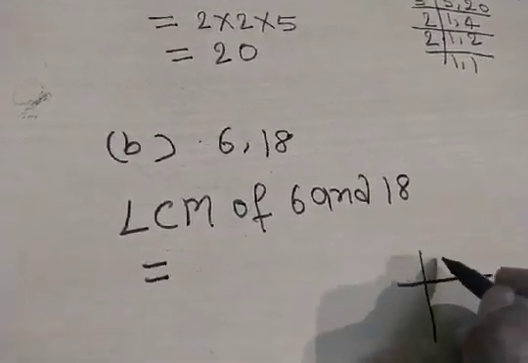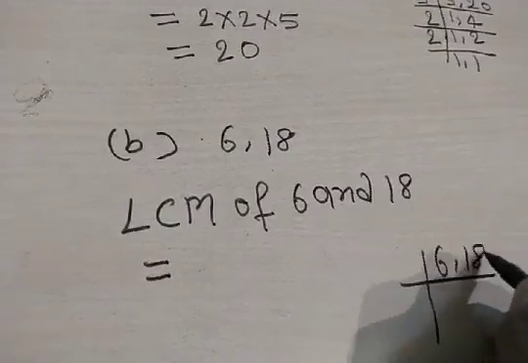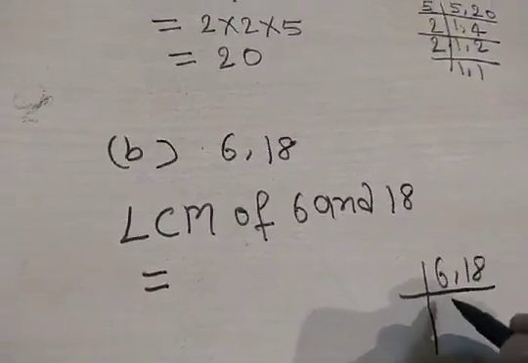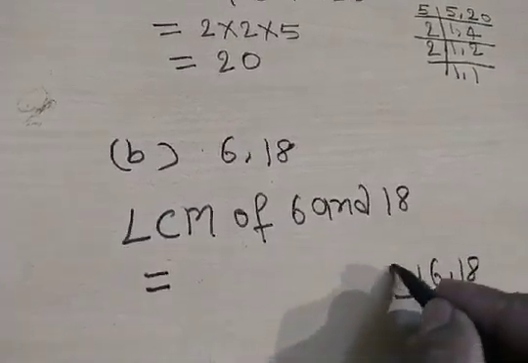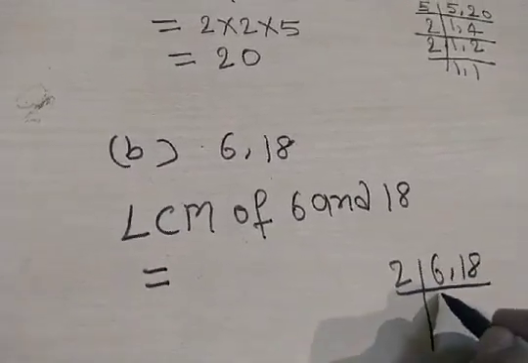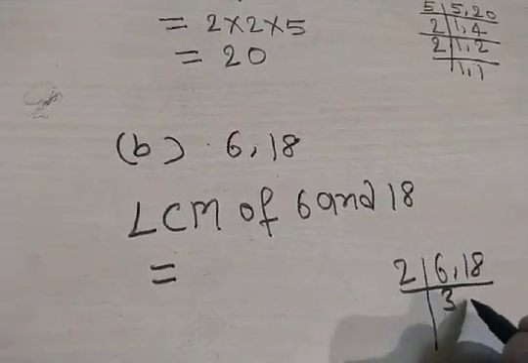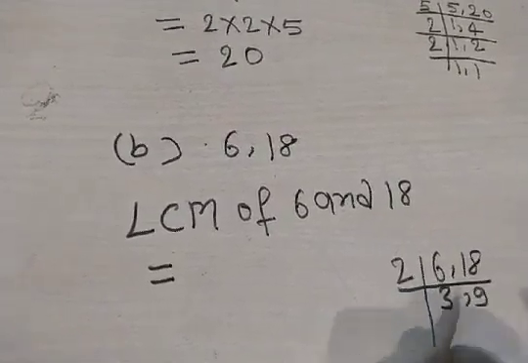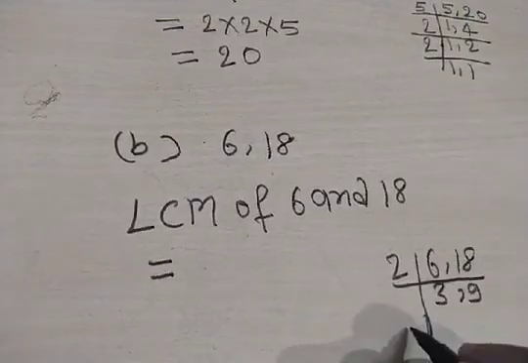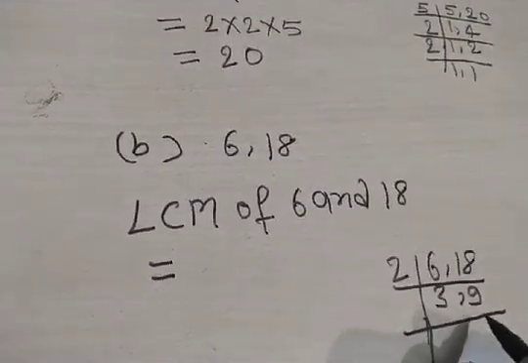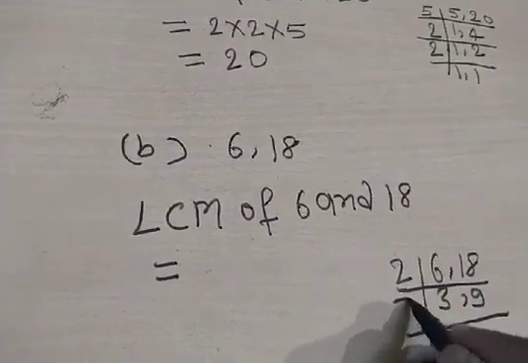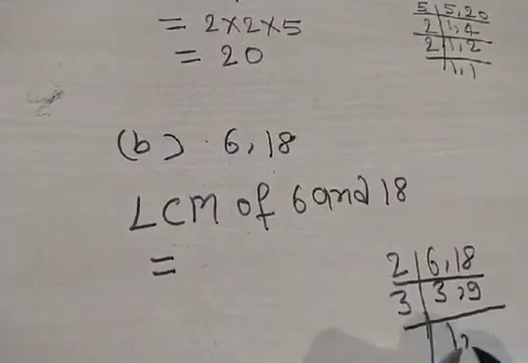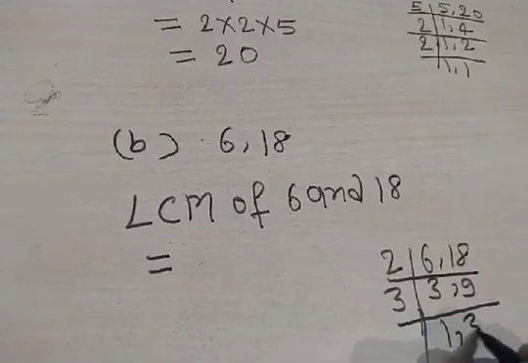We select the smallest prime number which divides at least one of the given numbers. The smallest prime number is 2, so 3 times and 9 times. Now again we select the smallest prime number which divides 3 and 9. This is 3. 3 ones are 3, 3 threes are 9.